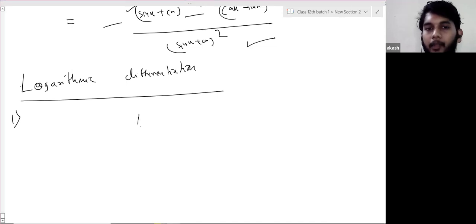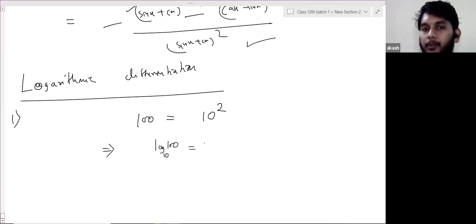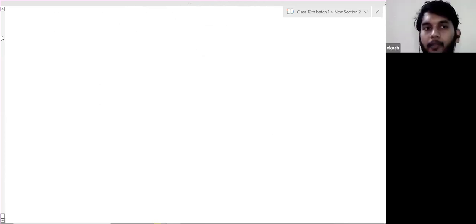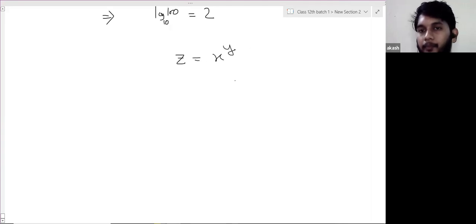If I write 100 equals to 10 raised to the power 2, what I can write in log? Log 100 to the base 10 equals to 2, right? Yes. This thing is clear? So if anyone doesn't know how to convert these things, if you have z equals to x raised to the power y, and if you have to take log both sides, who can tell me what will be log here?